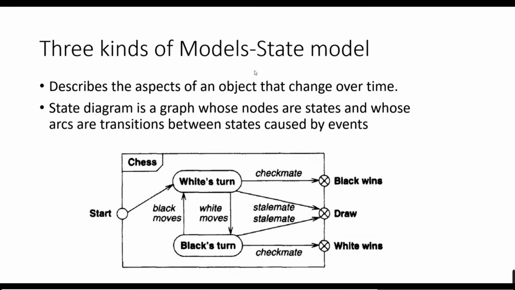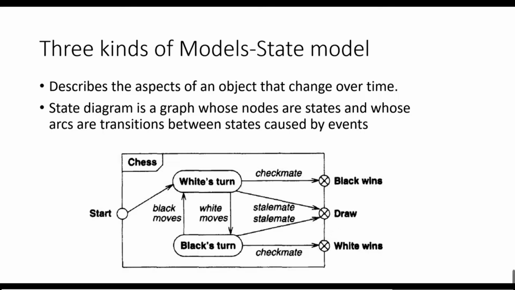And the second model is the state model. The state model describes the aspects of an object that change over time. And the state diagram is a graph whose nodes are states and whose arcs are transitions between states caused by events. And usually, one state model only involves one class.